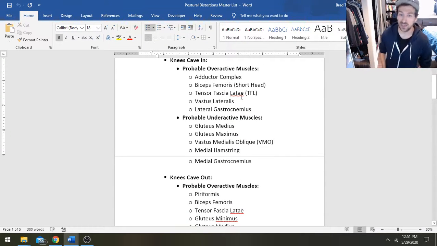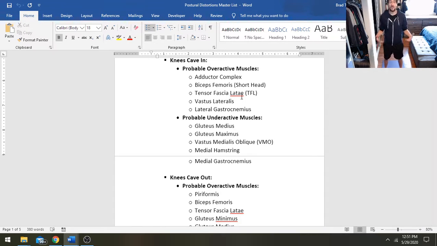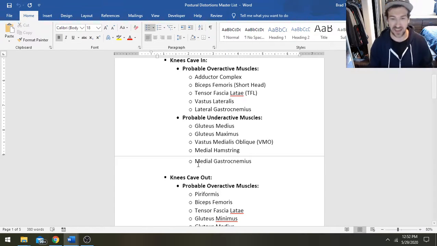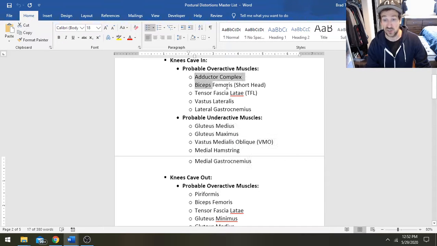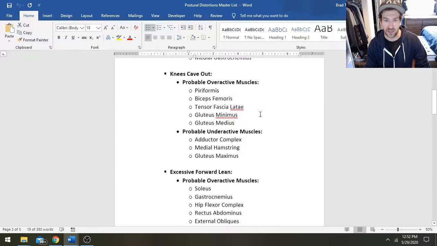With your knees caving in, you're going to look a lot at the muscles that are overactive. The muscles that need to be stretched are your adductor muscles and internal hip rotators. What we want to strengthen are your external hip rotators and abductors, right? So that's going to pull those knees out. So we strengthen the underactive stuff and stretch the overactive stuff.